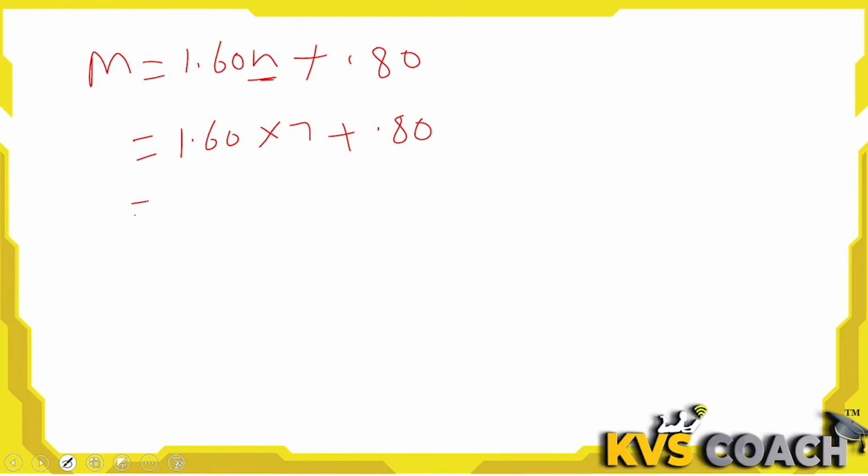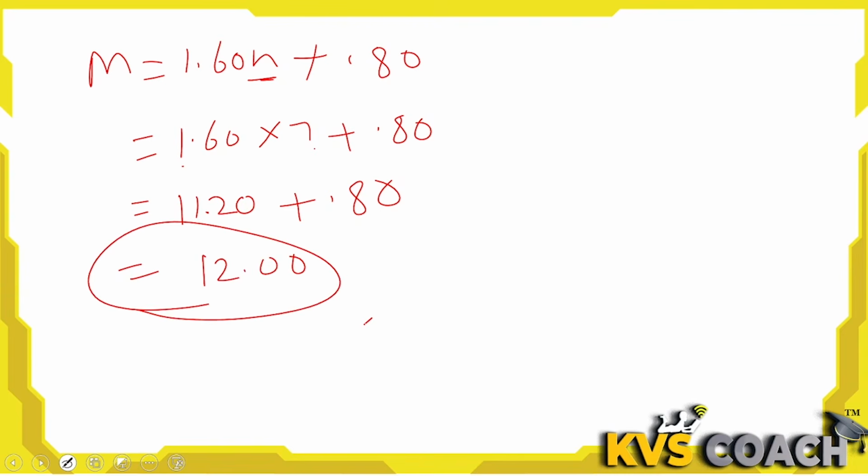Then 7 6s are 42, 11.20 plus 0.80. We are multiplying here, then adding again here, that is 12. Okay, so Mrs. Kapoor has 12 rupees.